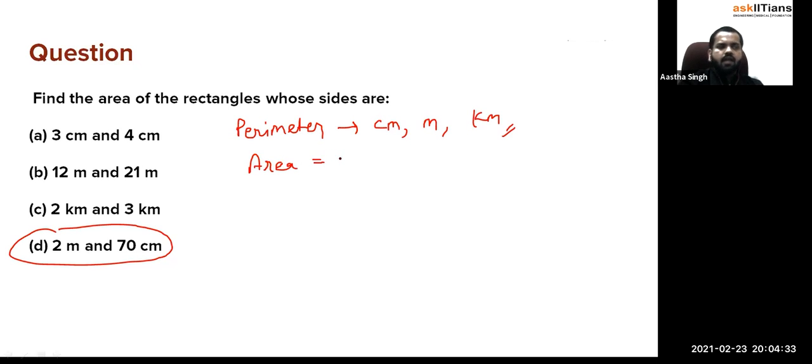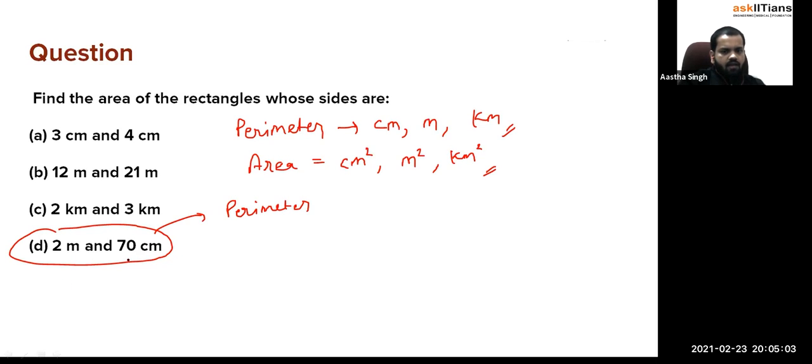What is the area? Area is basically length into breadth, right? So you are combining two units of length. So area is always in centimeter square or meter square or kilometer square. I think you have got the point, right? So in this question, what will be the perimeter? First we will equate all the dimensions in just one unit.